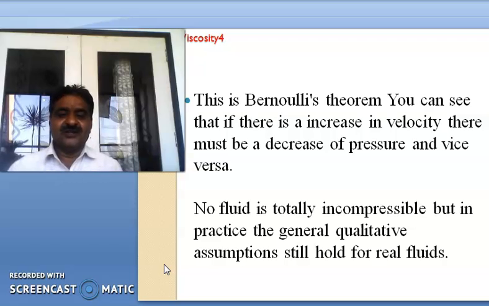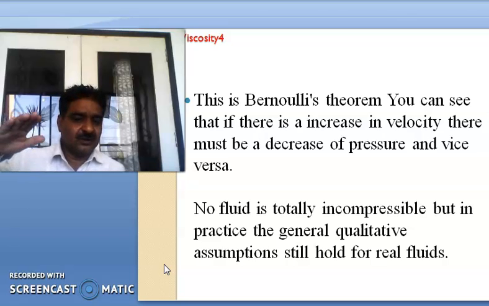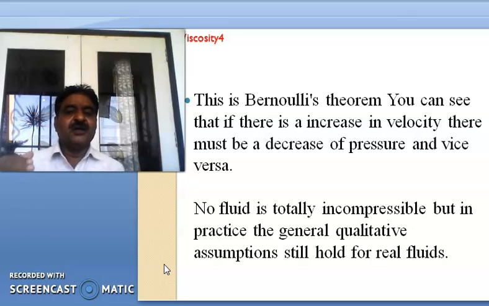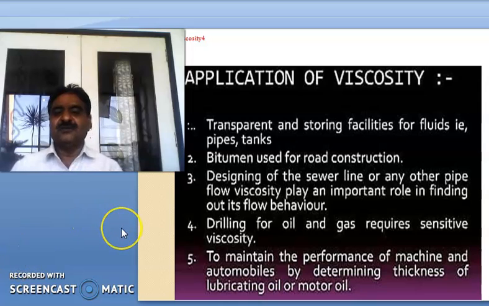That's why we say we are considering an ideal machine, approaching towards the ideal characteristics of a particular machine. In the same way, while proving Bernoulli's theorem, we assume that the fluid flowing through the pipe is incompressible.